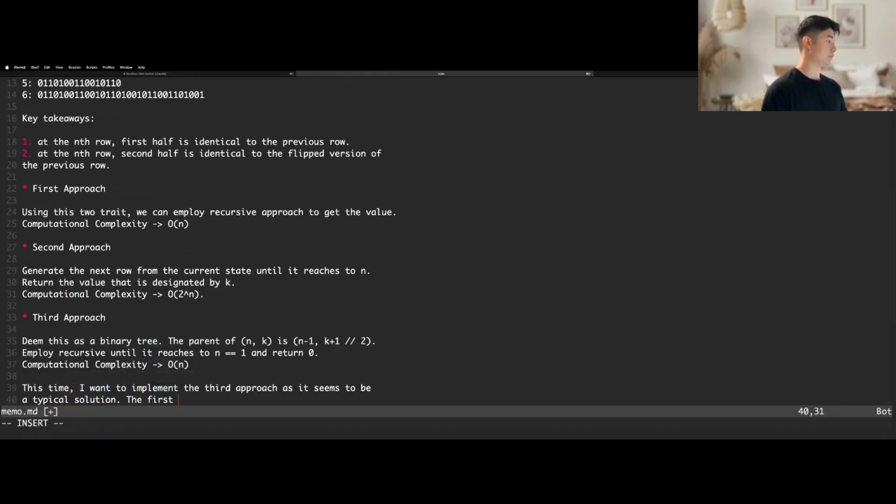The first approach is good, but it seems a bit tricky to come up with, and I feel like it's easier to come up with the third approach than the first approach.